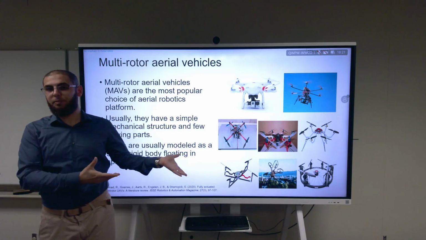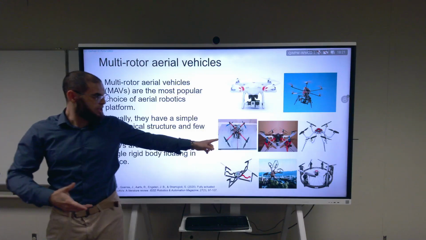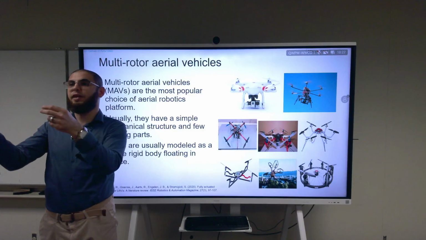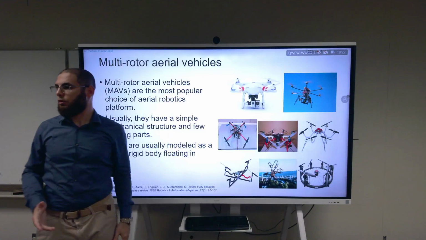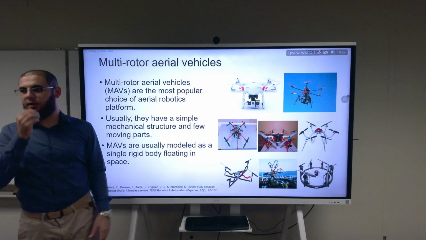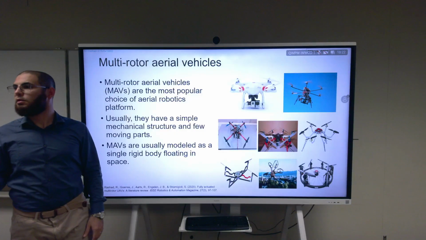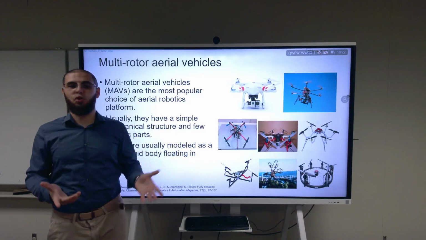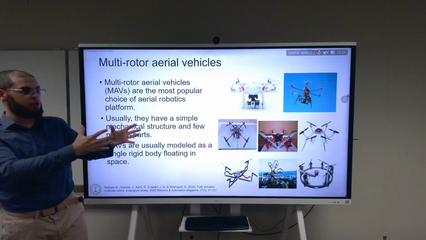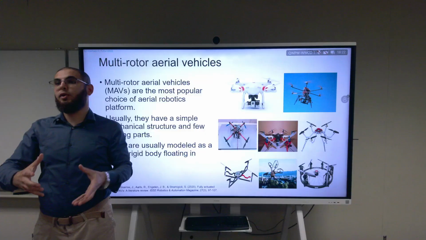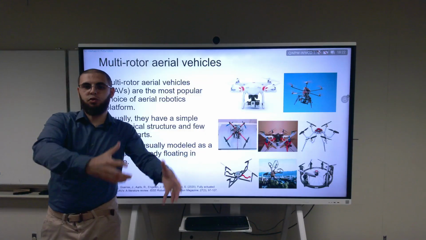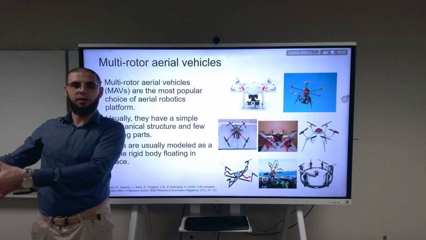In practice, this is a valid assumption because the inertia of all of these propellers is usually very small compared to the whole drone. So usually we just neglect the inertia of these rotating propellers. In the end, the propellers are just the control to our system, and we just consider it as one rigid body. So if you want to control a drone, it's equivalent to controlling one rigid body.